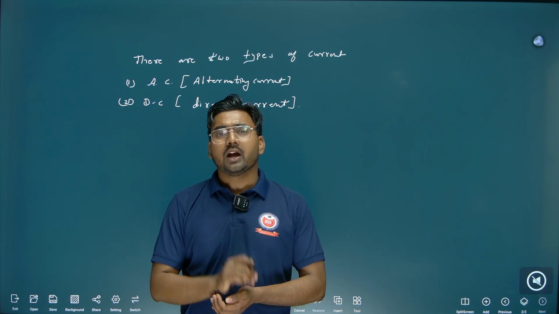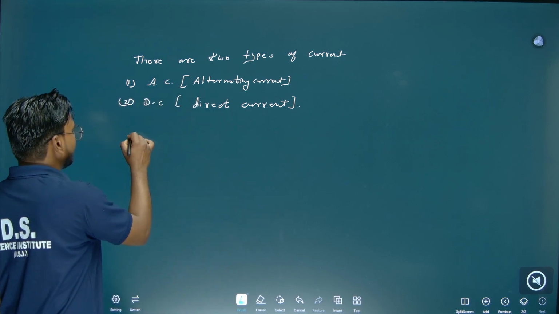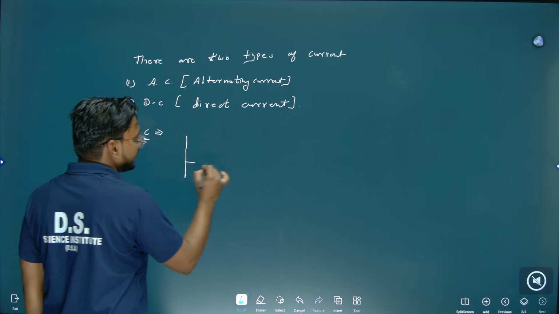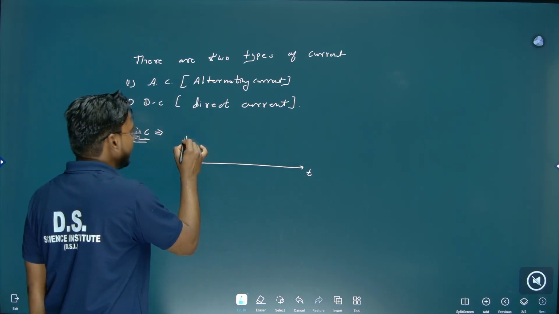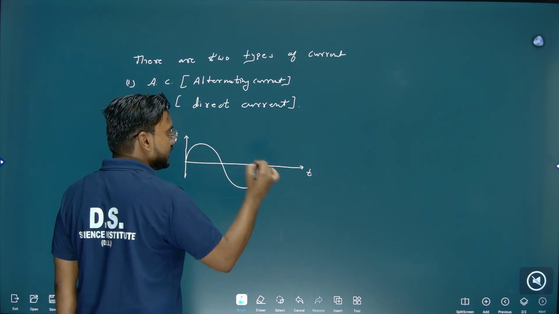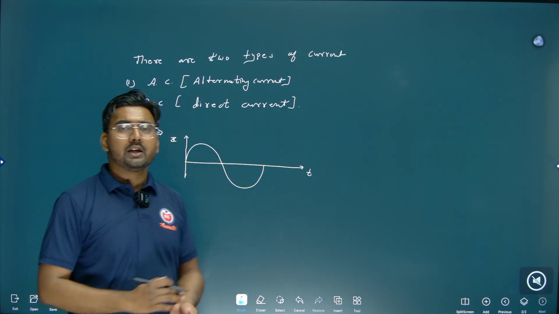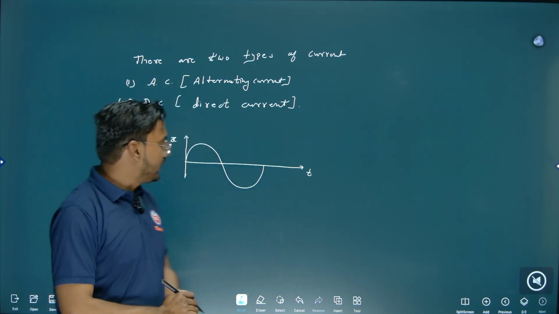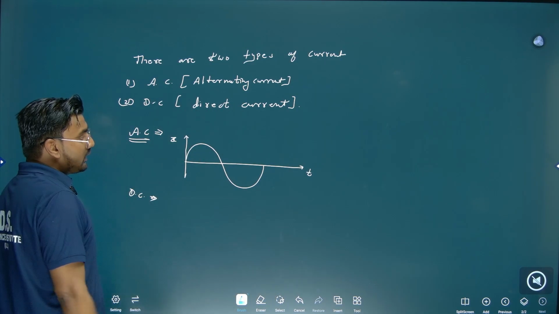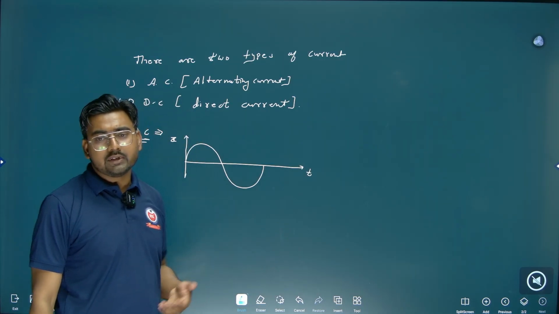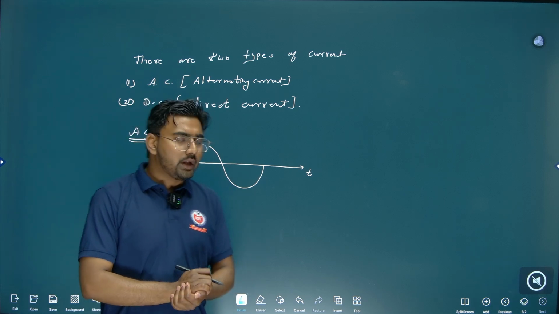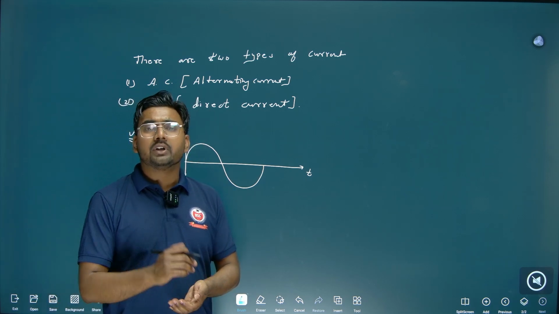Suppose we have a time axis and here we consider a current whose magnitude changes continuously and direction changes periodically, then the current is called alternating current. AC we discuss separately in chapter number 7 according to our NCERT. In this chapter we will discuss DC only.